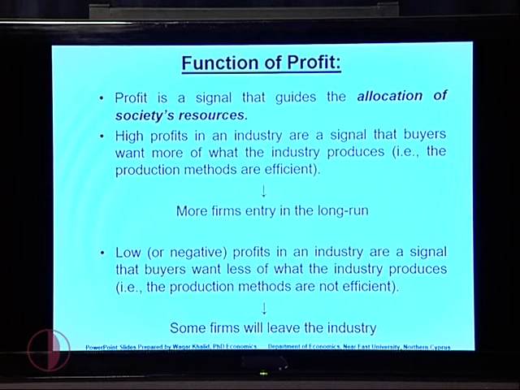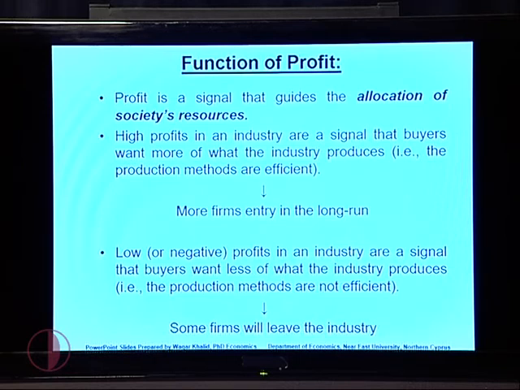Profit is not the accumulation of money only, but it is the signal that guides the allocation of society's resources. Based on the profit level, based on the earning of profits, the society will allocate its resources in the future.